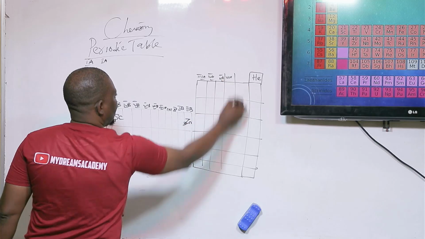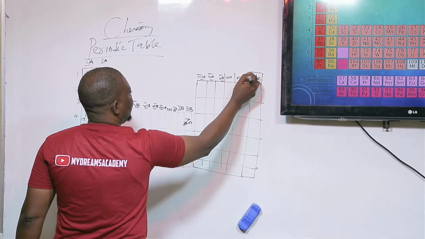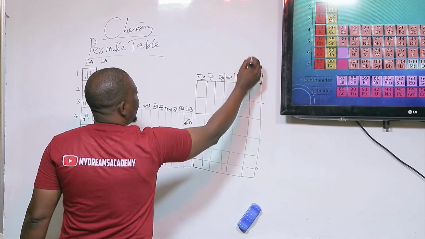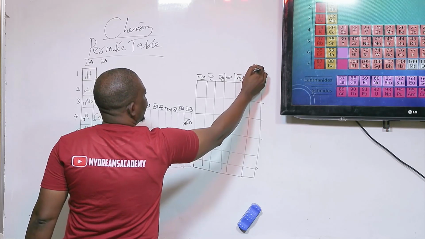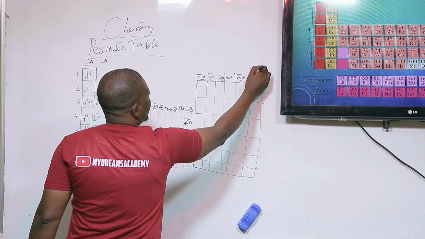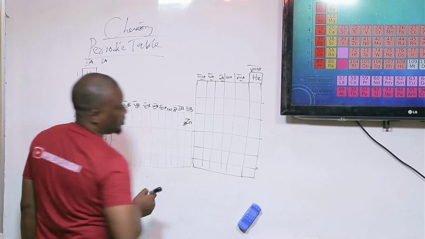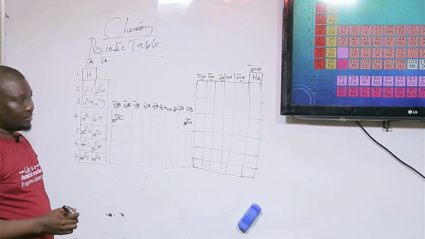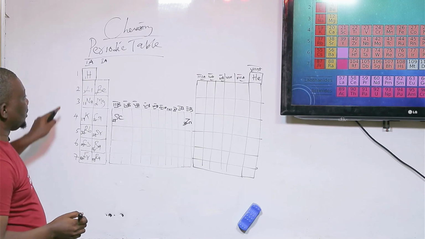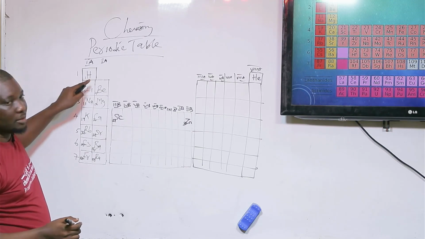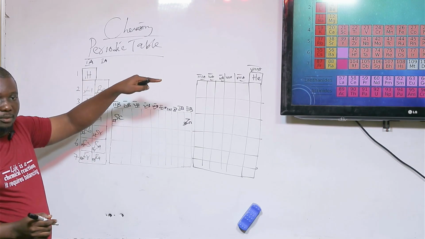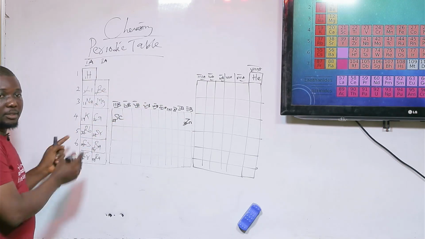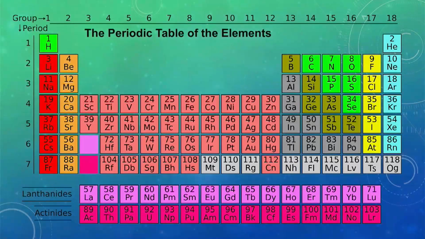6 what? A. And then what? 7 what? A. And then what will be here? 8A. I mean, 8 what? Nothing like 0. More like group 8. Or group 18. So, but if I'm using, what do you call it? The system we have on the screen, then we have to name everything the way it is in the row. So this will be 1, just like what we have here.